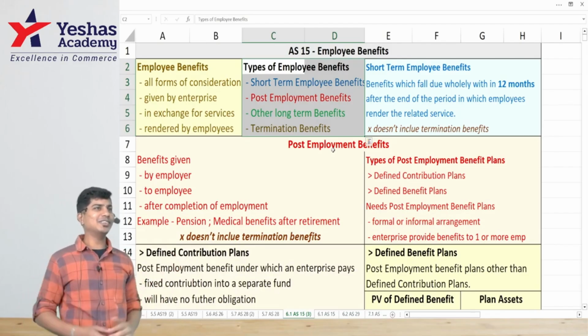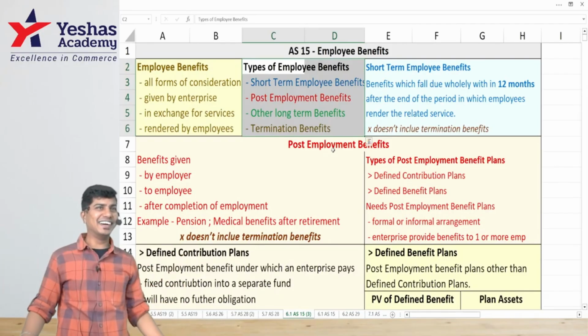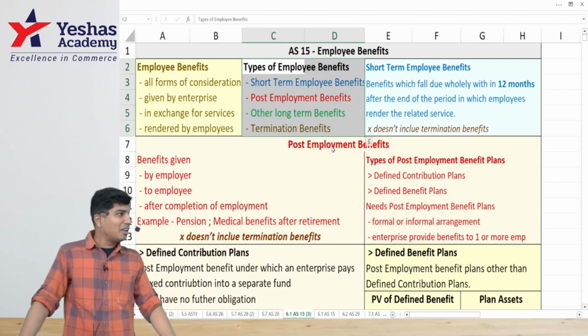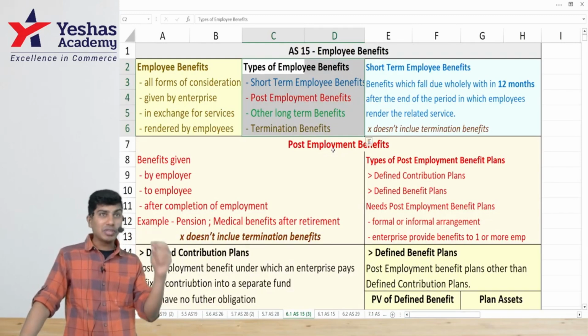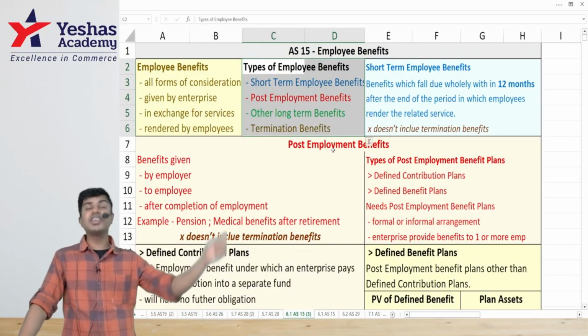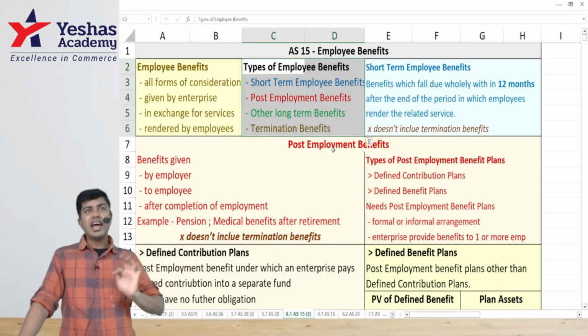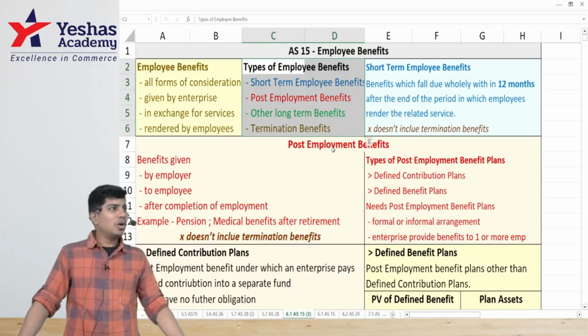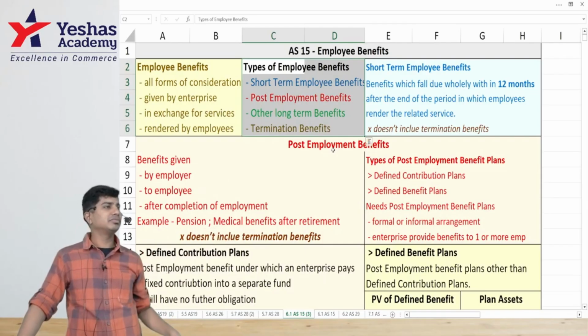Short, so long, no? Shortest long is the longest long, you understood? You are supposed to give me benefit within 12 months from the end of the year in which I have given service. I gave service now, no. You are supposed to give me bonus. You told me work hard now, I will give you bonus next year Deepavali.